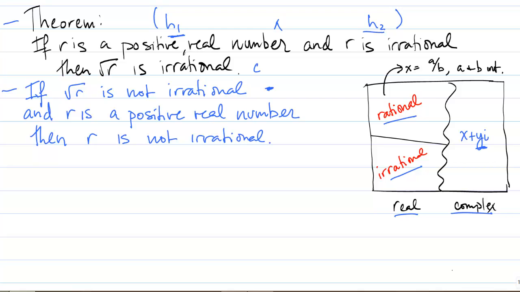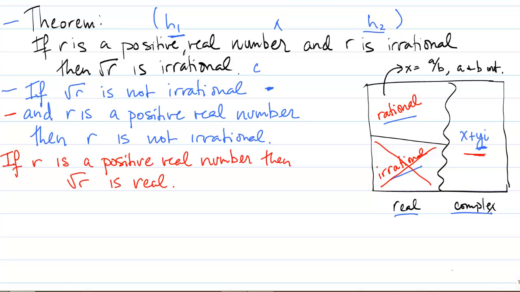However, if we look at our map of numbers here, the only thing that we know from the first assumption, that the square root of r is not irrational, is that the square root of r doesn't sit in here. We haven't ruled out the fact that it's complex. And that's where the second assumption comes into play. So if r is a positive real number, then we know that the square root of r is a real number.